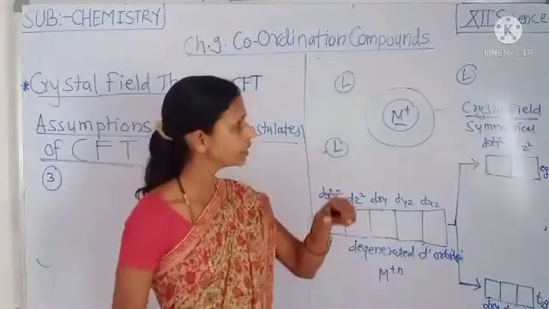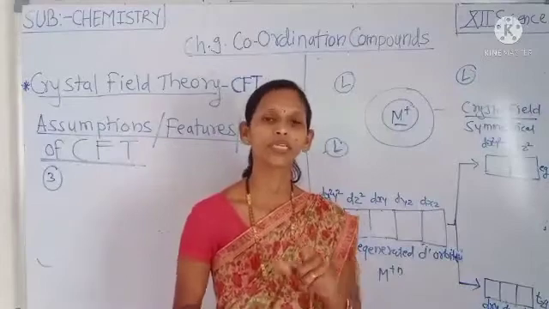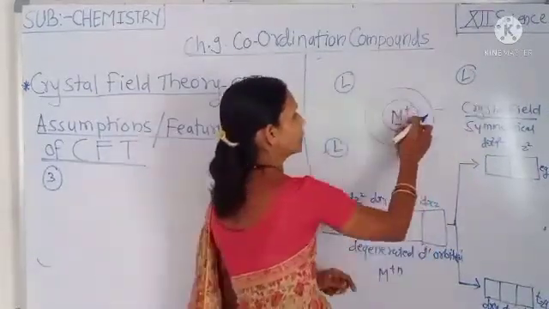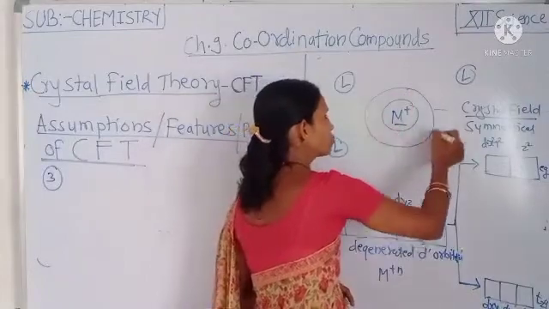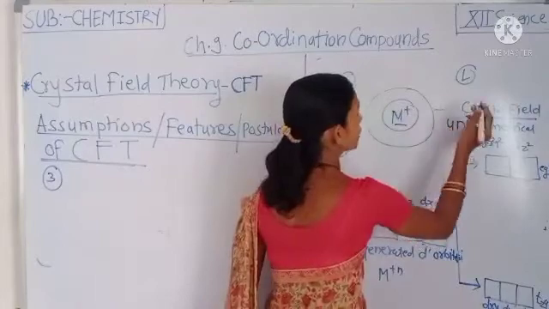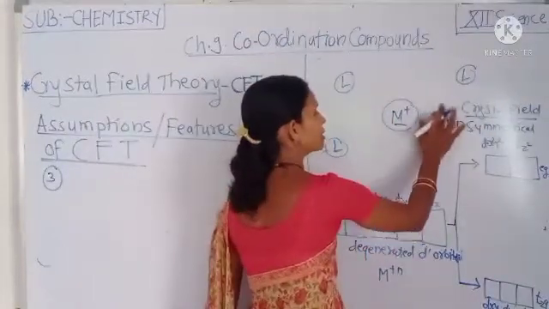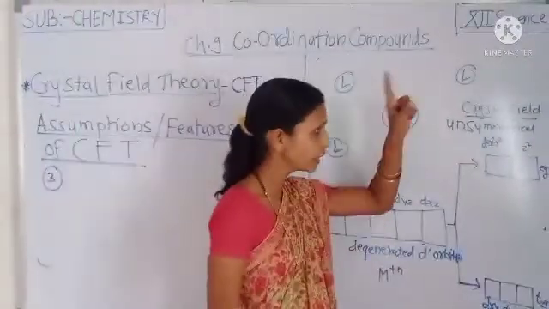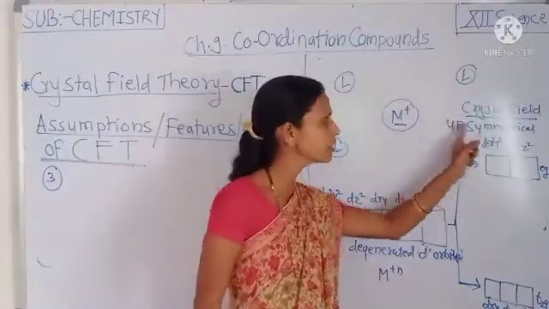But generally, during the formation of coordination compounds, when ligands approach the metal ion, the crystal field formed around the metal ion is unsymmetrical.